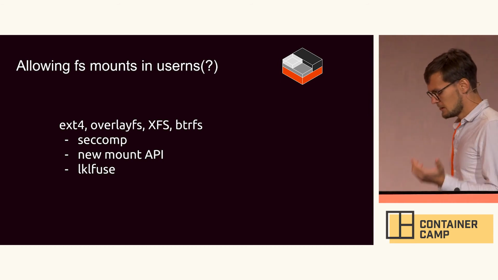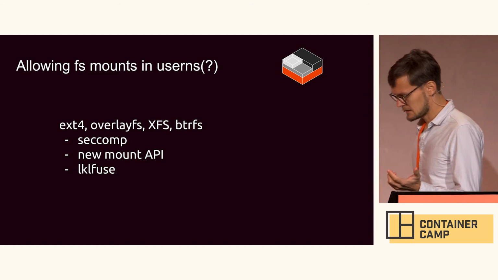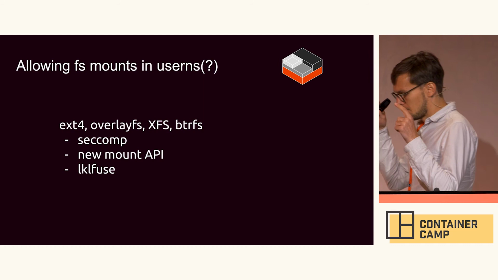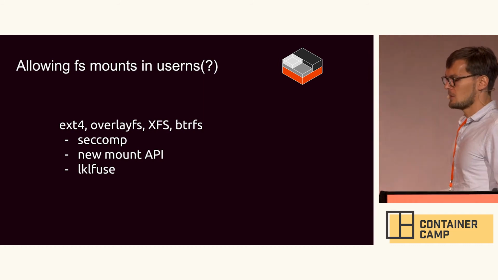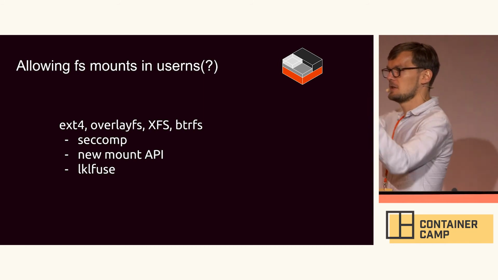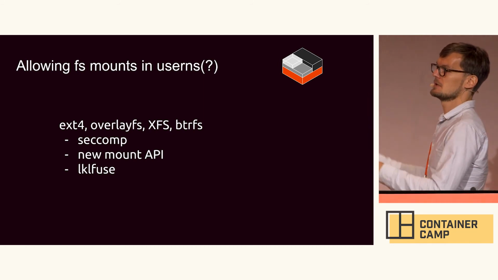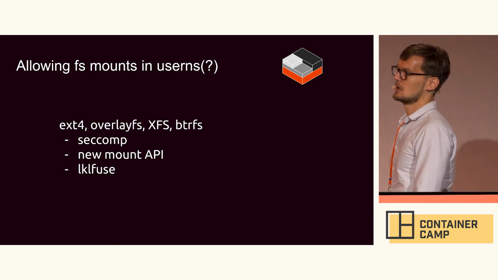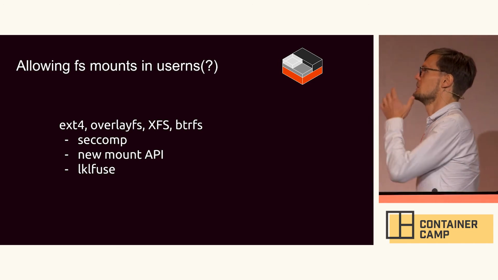Ideally, we would have an option that basically says, make this FD or this mount point mountable by unprivileged users. Then you send this FD to a container, to a new user namespace, and then they can mount. This is also a solution you could opt for.